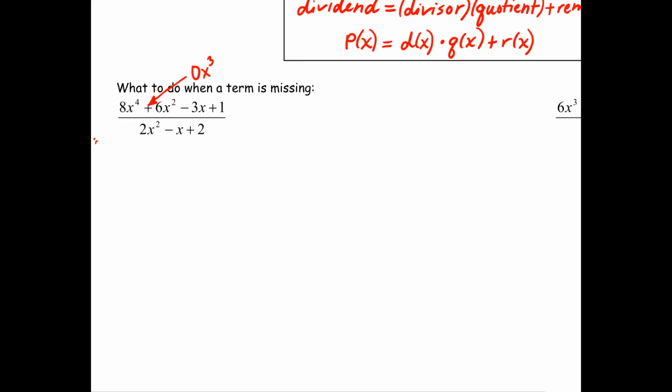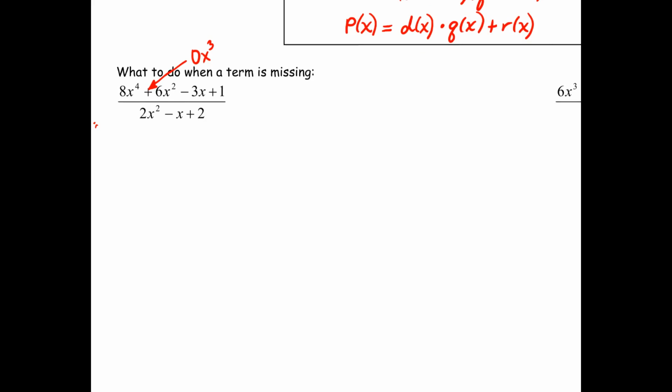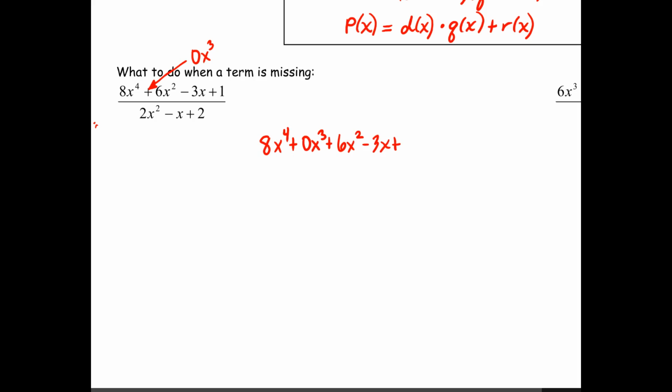So let's do this together, see how this one works, and then I'll have you try the next one with your partner. So the number underneath the bar would look like 8x to the fourth plus 0x cubed plus 6x squared minus 3x plus 1.